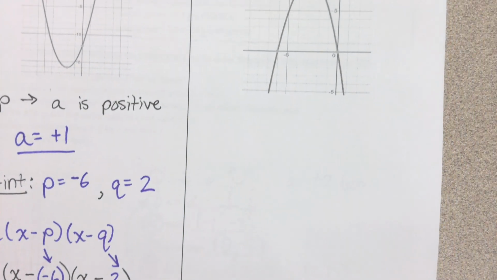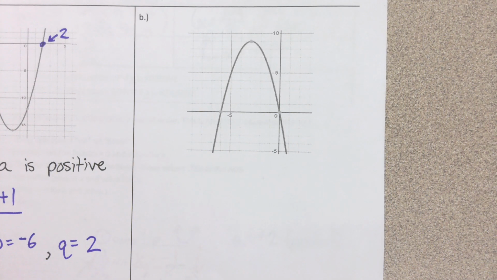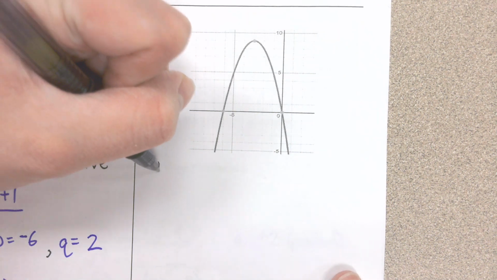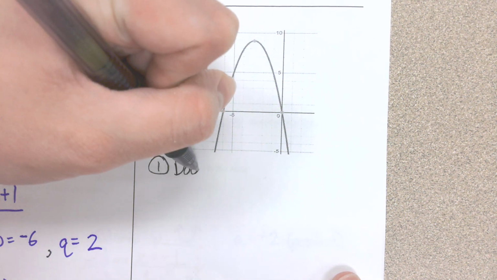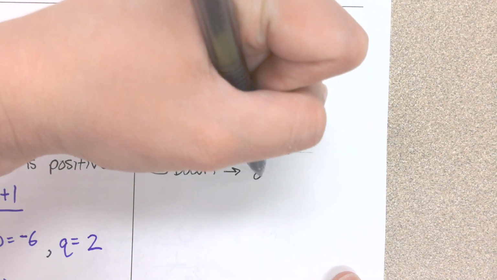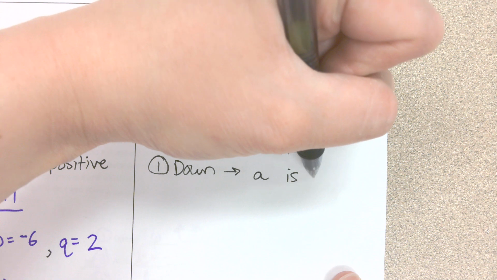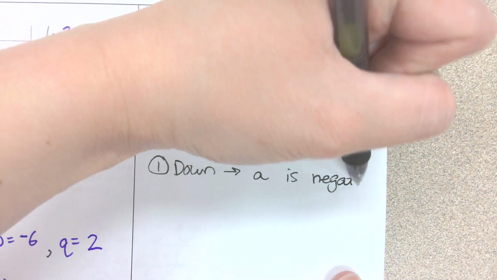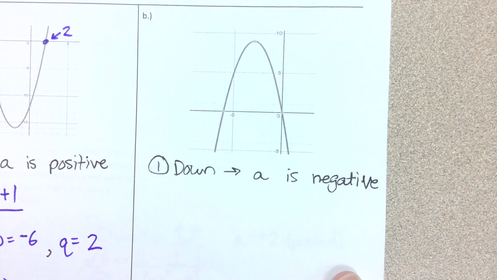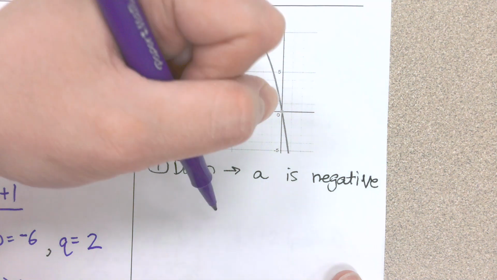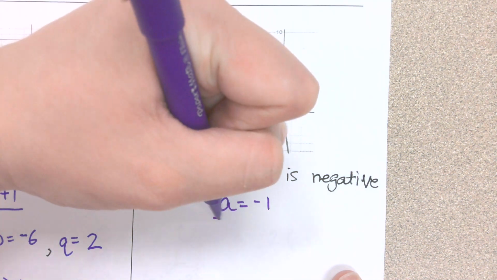Graph B. Opens down, so it's negative. Graph B, it opens down. So A is negative. And reminder, A is 1. So this is going to be negative 1.